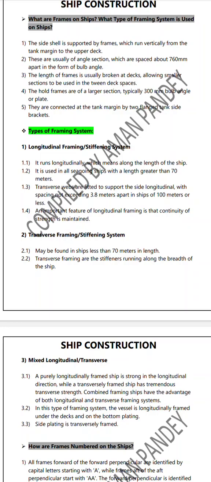They are apart from each other by 3.8 meters, and longitudinal framing is done mostly with vessels which are more than 70 meters. Transverse framing is a kind of stiffener along the breadth of the vessel, and the vessel length is normally less than 70 meters. So this is transverse framing, and in combination we use both.